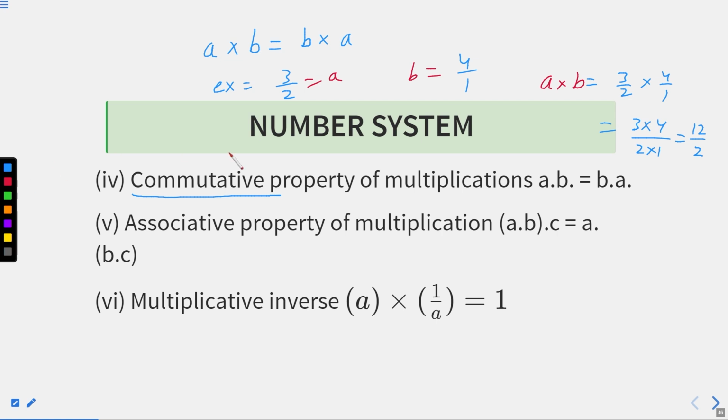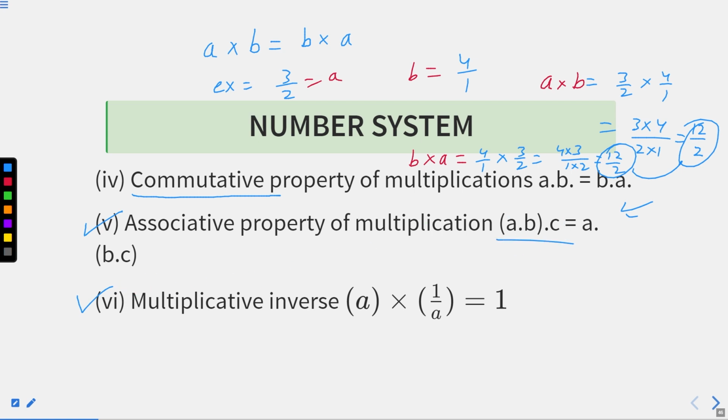Now if we multiply b into a, which is 4 upon 1 multiplied by 3 upon 2, which is 4 into 3 upon 1 into 2, which is 12 upon 2. So both the answers are the same. Okay, clear? So this property also holds.